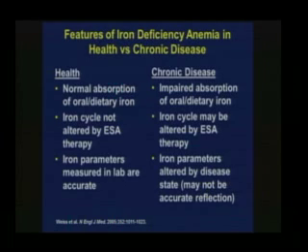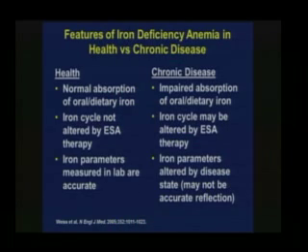Now, iron deficiency presents differently in an otherwise healthy individual as opposed to a patient with chronic disease. In a subject who is otherwise healthy but has iron deficiency anemia, typically young pregnant women, there's normal absorption of iron across the GI tract.